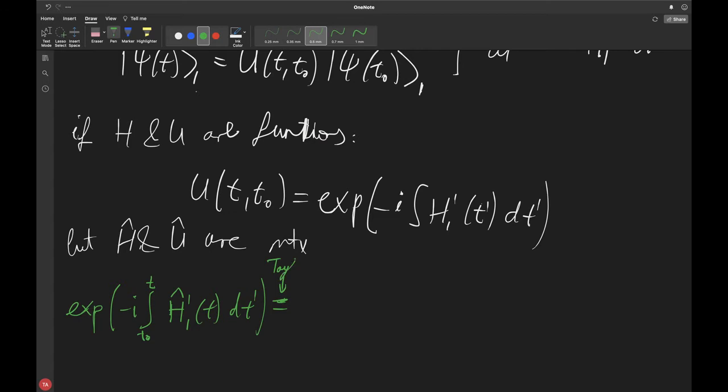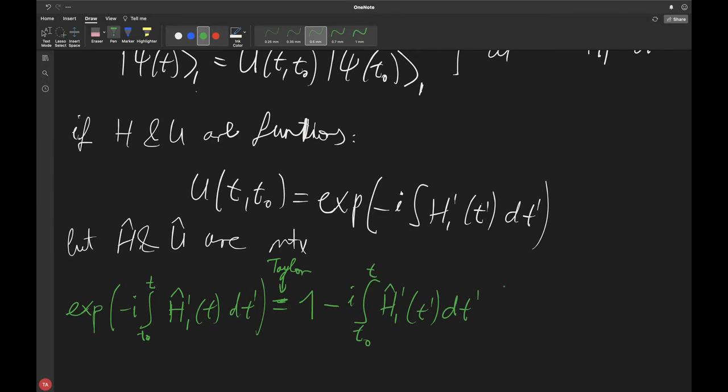So the Taylor expansion leads us to 1, and then whatever was in the body of the function: minus i integral from t0 to t of the interacting part of the interaction picture of the Hamiltonian at t prime, integrated by this dt prime parameter.